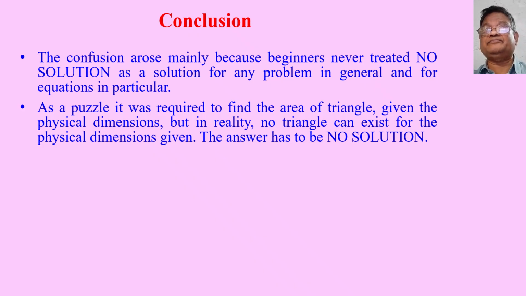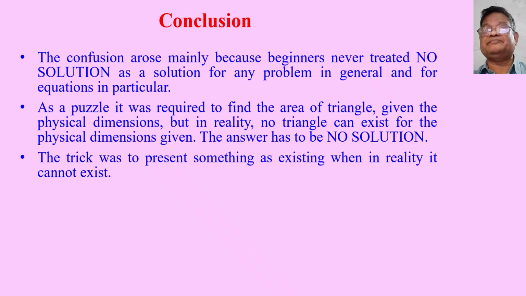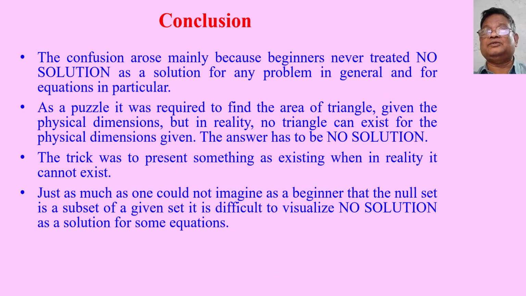The answer has to be no solution. The trick was to present something existing when in reality it cannot exist. Just as much as one could not imagine as a beginner that the null set is a subset of a given set, it is difficult to visualize no solution as a solution for some equations.